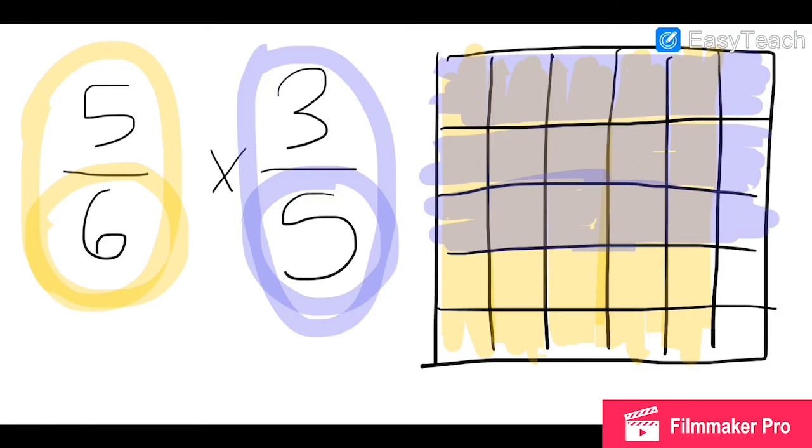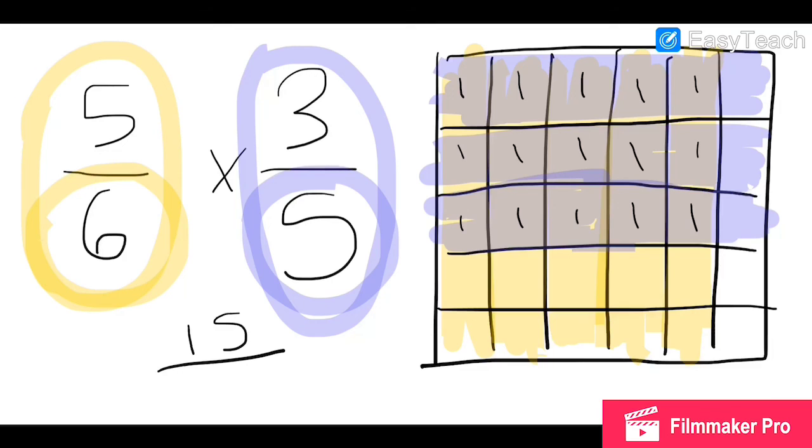So how many has both yellow and purple highlighter on them? 1, 2, 3, 4, 5, 6, 7, 8, 9, 10, 11, 12, 13, 14, 15. 15 overlapped. Now I need to see how many is in my total shape.